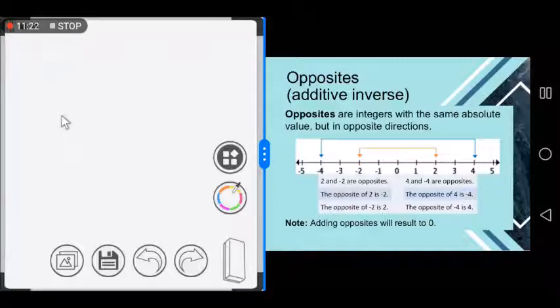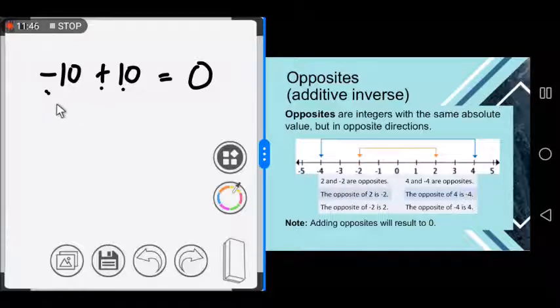Another example, if you see negative 10 plus 10, this is equal to, if you answered 0, then your answer is correct. Why? Because they have opposite signs. We have negative and positive 10.